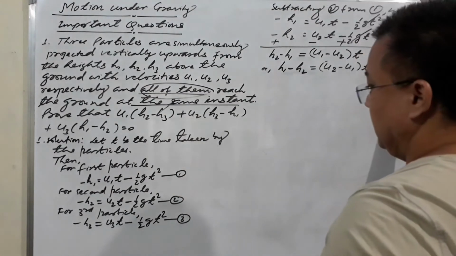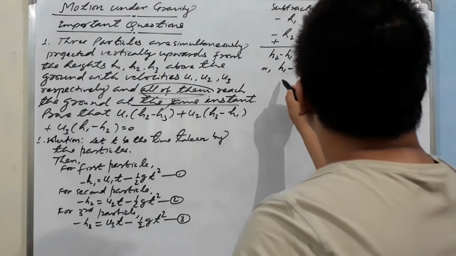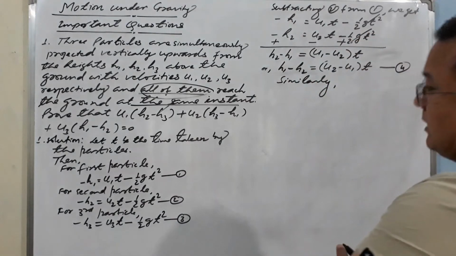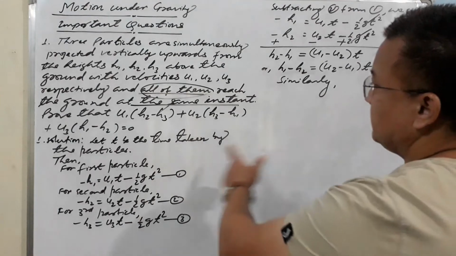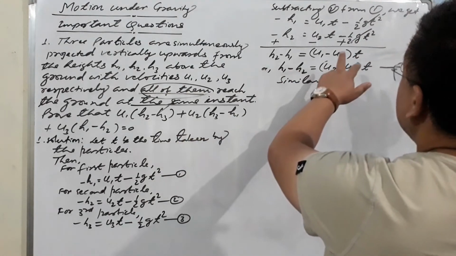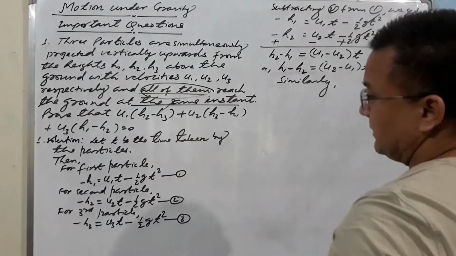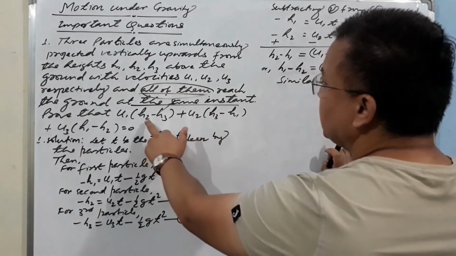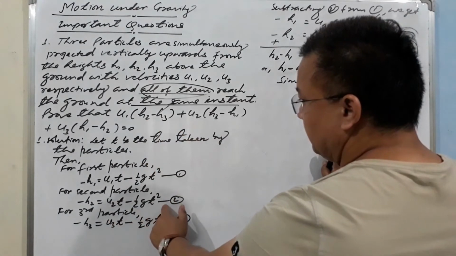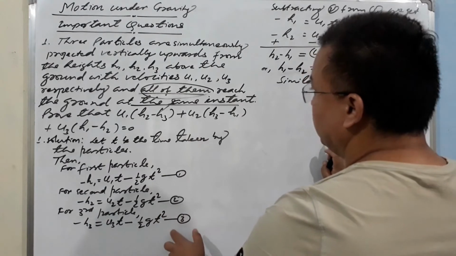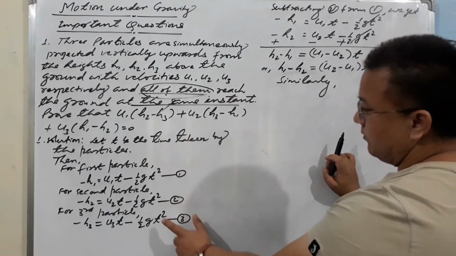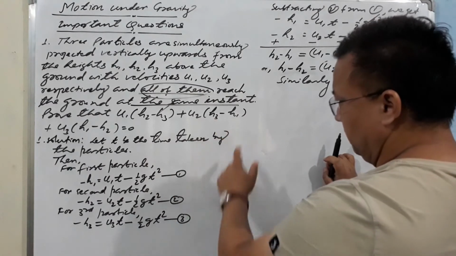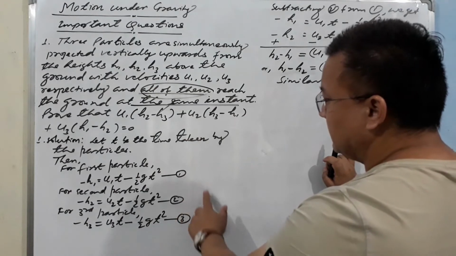Similarly, we need to subtract to get h1 minus h2, as I got here. To get h2 minus h3, you can subtract second from third, and to get h3 minus h1, subtract third from first.